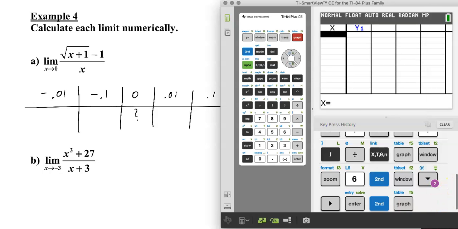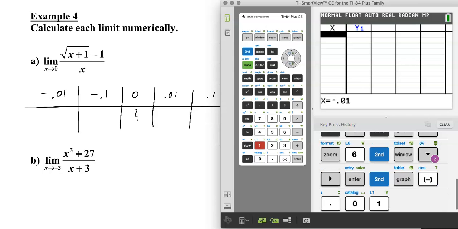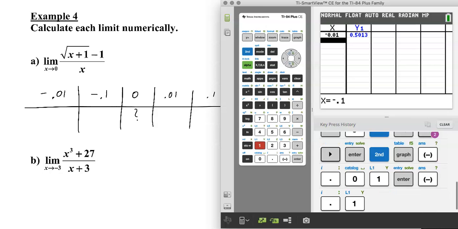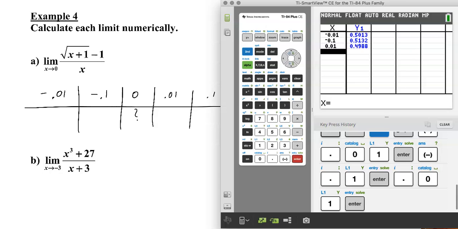So let's see, if I put in x as negative 0.01, it's 0.5. Negative 0.1, oh, I did that backwards on that side. Oops, I put these in the wrong spots. That was not in order, just delete.